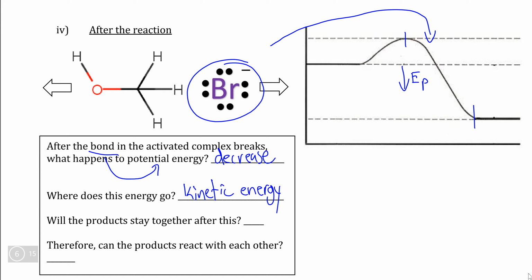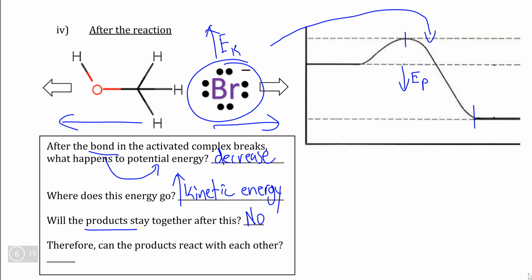Now, if kinetic energy is going to increase, that logically means that these two particles, which eventually are going to be our products, are going to move faster than they were moving before. Therefore, if our two products are moving faster, they're not going to stay together; they're going to move apart.